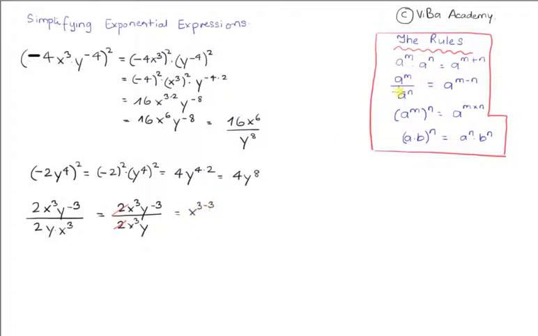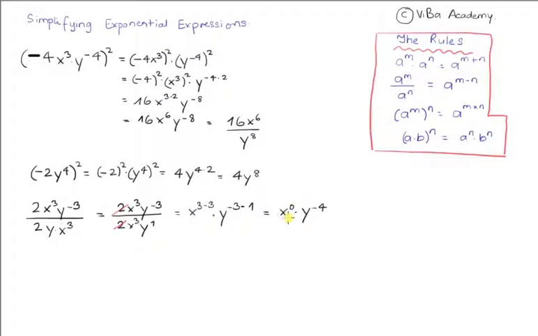Where if the base is the same, I simply subtract the power of the denominator from the power of the numerator. And I do the same thing here. With y, I have y raised to negative 3, and this is like having a y raised to 1. So since I'm bringing it from the denominator back up, I'm making it negative 1. So I'll have x raised to 0 times y raised to negative 4.